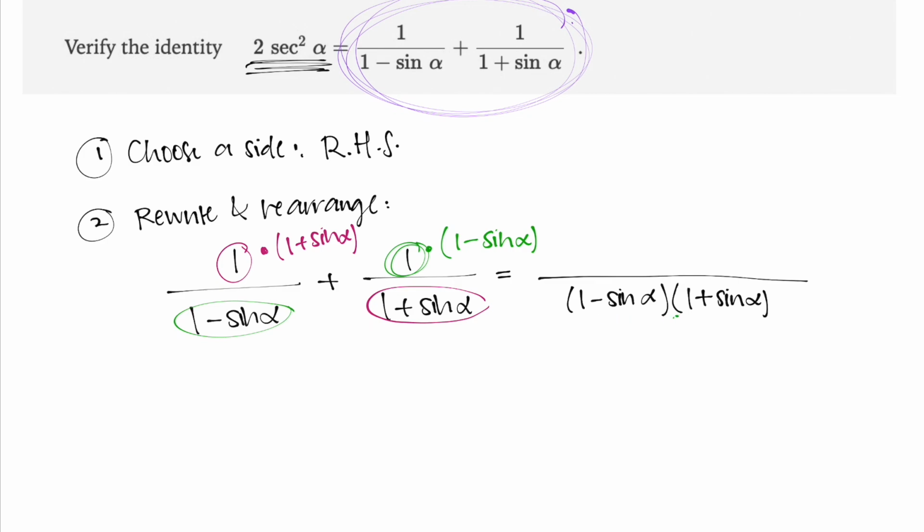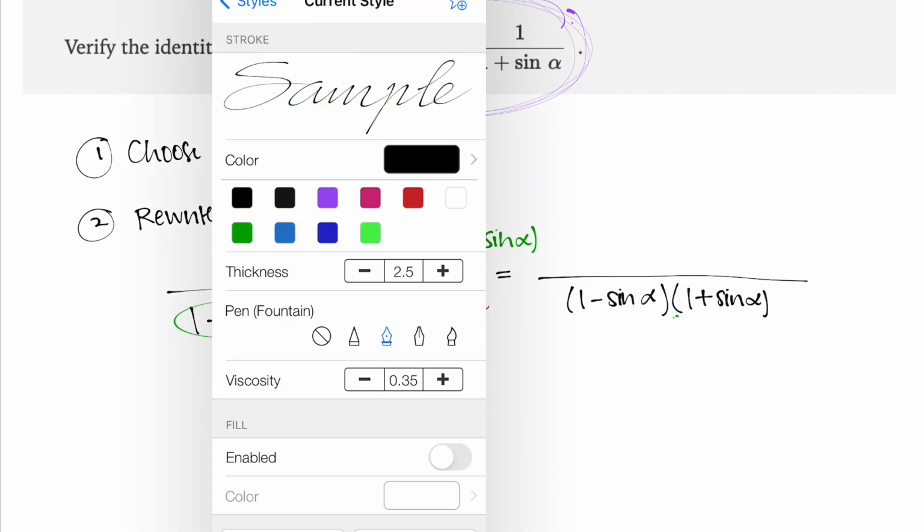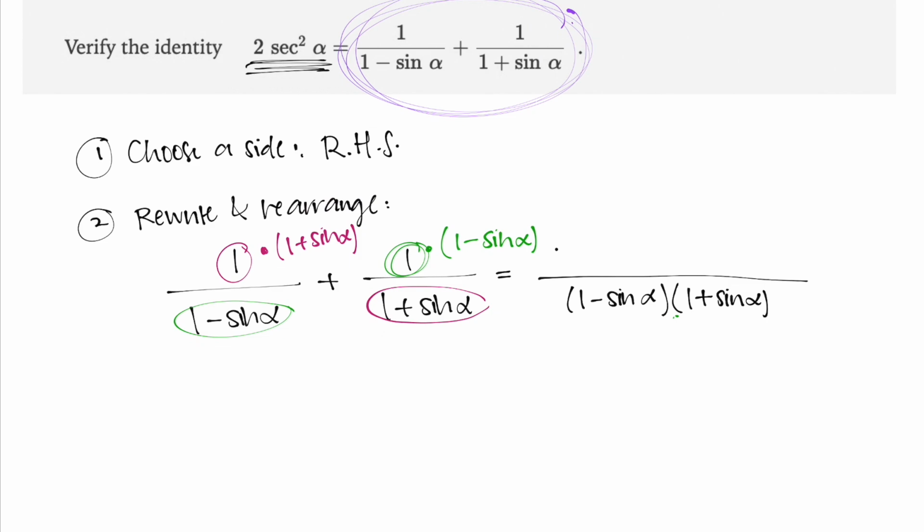So the numerator changes and it becomes 1 plus sine alpha, that's the pink part, plus 1 minus sine alpha. So now we have one single fraction, slightly larger than the previous combination of fractions, but that's okay.